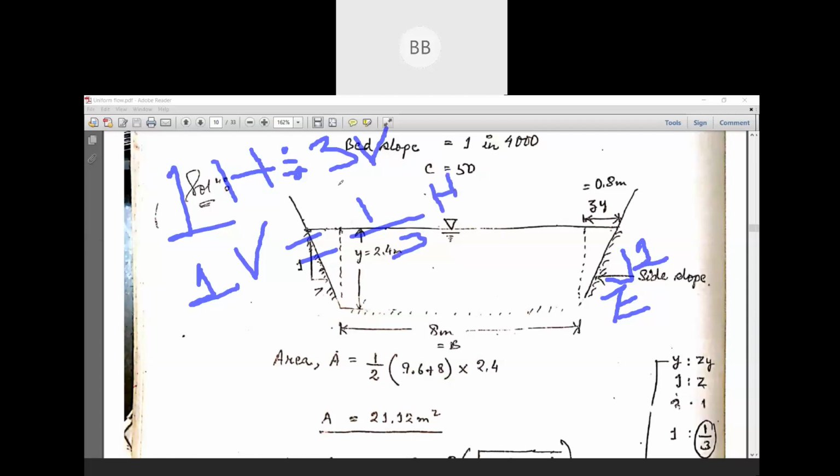See here, this is one vertical is equal to z horizontal. So here we can say that for our given problem, z is nothing but your 1 by 3.